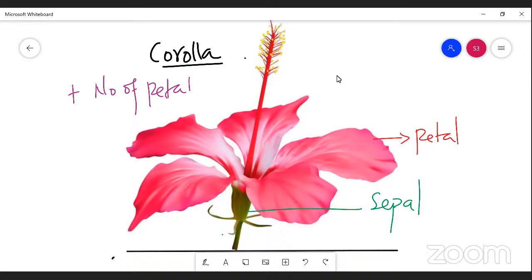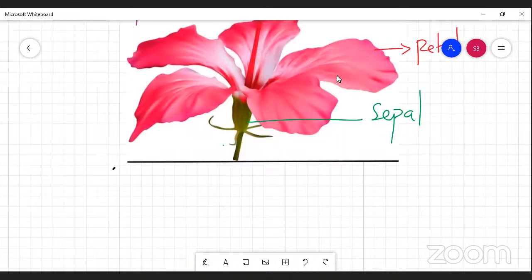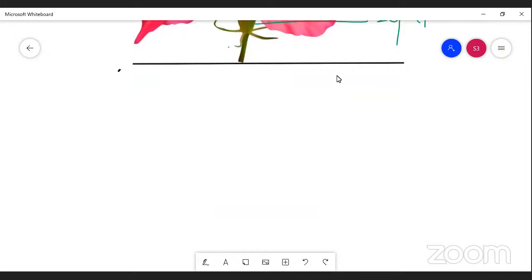Okay. So this corolla is broadly divided into two types. What are they? Based on the fusion of the corolla, my dear students, just imagine, sometimes the petals are free in nature, sometimes the petals are fused at the base. So based on fusion, the corolla is divided into two types.